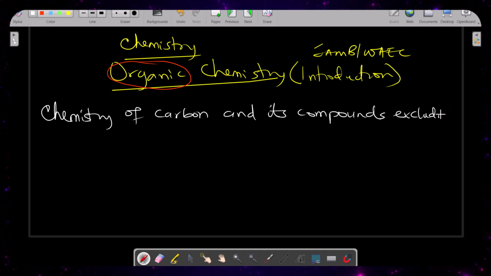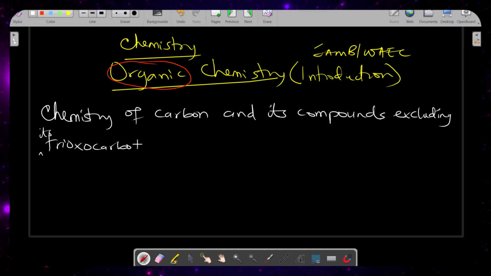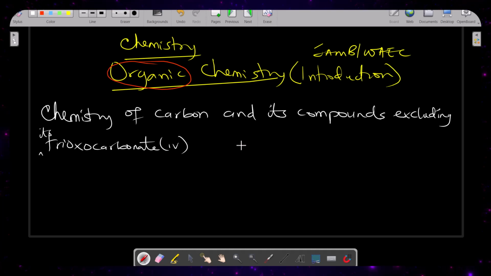Even though we are talking about carbon and its compounds, we will be excluding the following. First, we exclude its trioxocarbonate(IV), the carbonates.